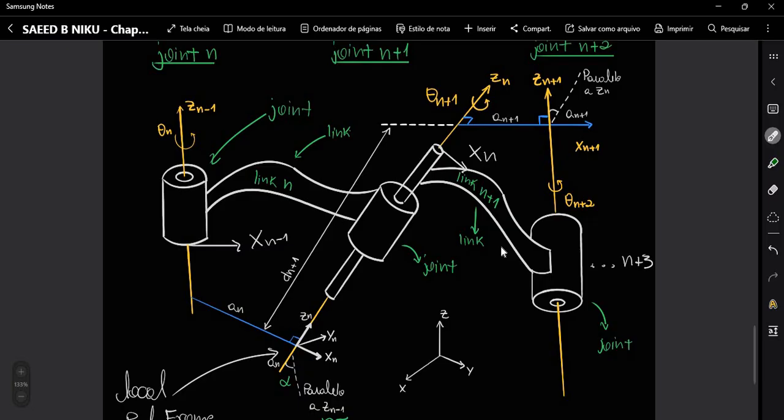Xn parallel to xn plus 1. Yeah, it's not perpendicular, it's parallel, as you can see.